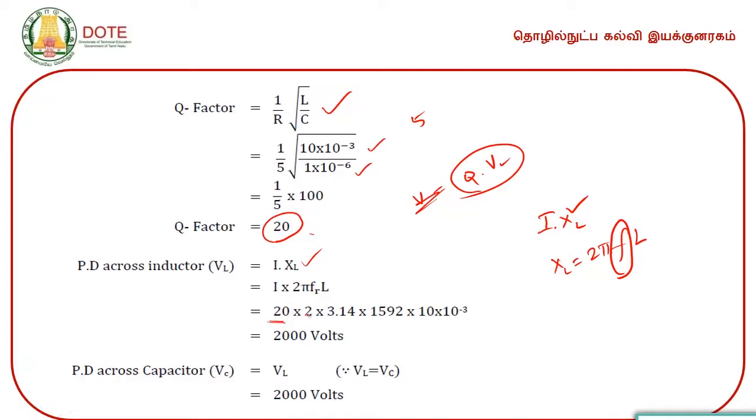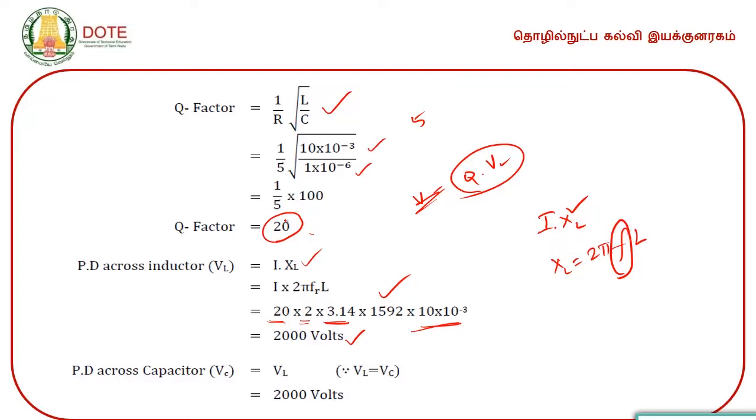Then we multiply that with 2, pi is 3.14, and FR is already calculated, 1592 hertz. Then L value is given, which is 10 into 10 power minus 3. So, we are getting 2000 volts. So, the applied voltage into the Q factor will be the potential across the inductor.